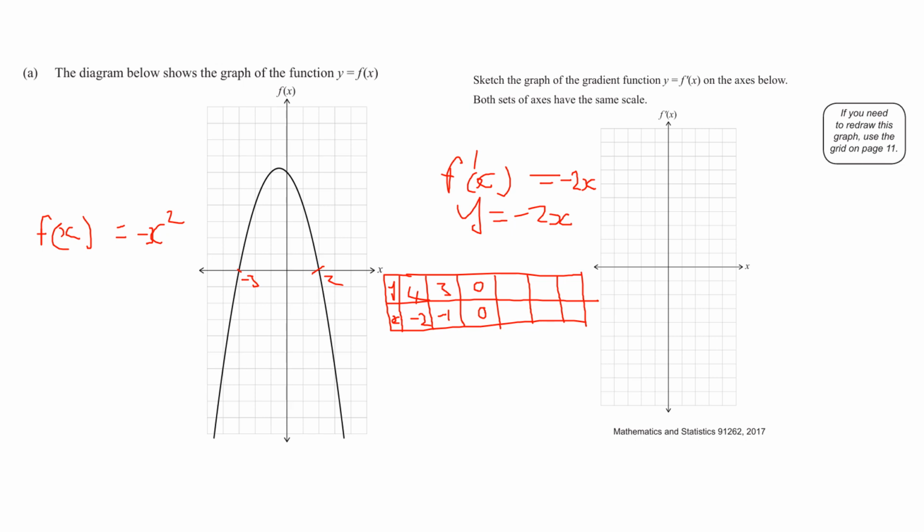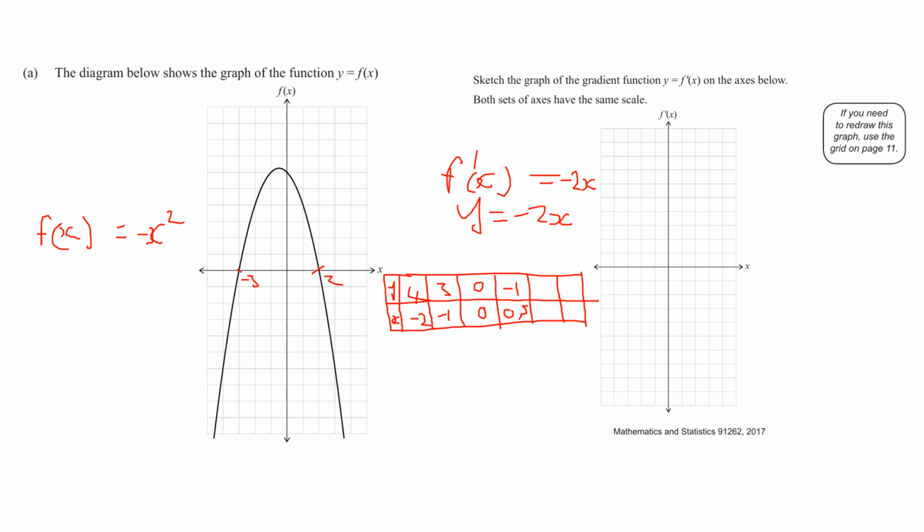Which means that the graph passes through our center point, I believe. And what else? When x is equal to 0.5, y is equal to what? y is equal to minus 1, agreed?